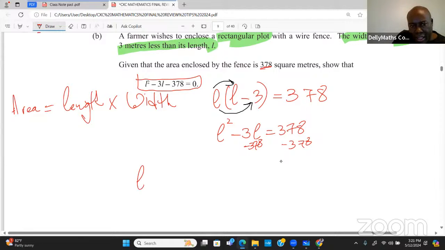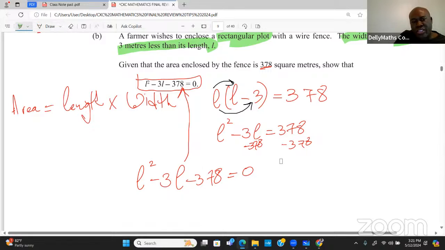We have L squared minus 3L minus 378, and this is equal to 0. As you could see, we would have shown exactly what they want. So there it is, we have what they wanted, and then we move on.